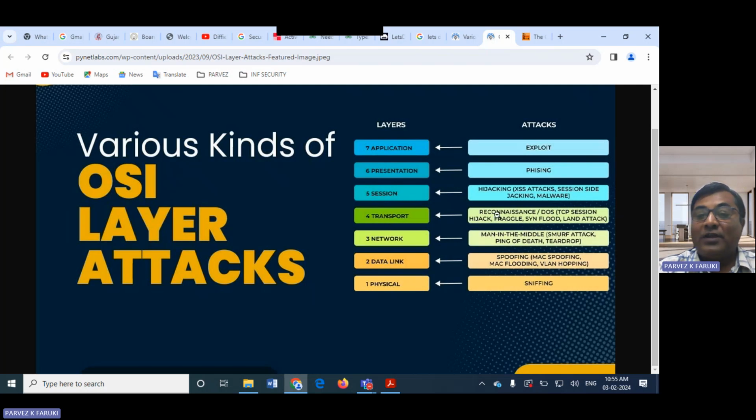Transport layer. At the transport layer, you have something called recon. What is recon? Remember, there are two types of attacks, passive and active. An active attack can only happen when an adversary already has some information about the target. Who is a target?